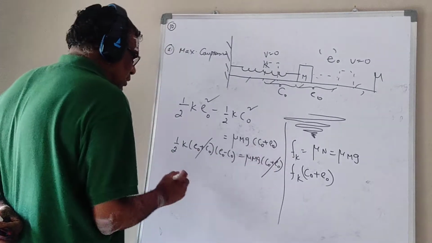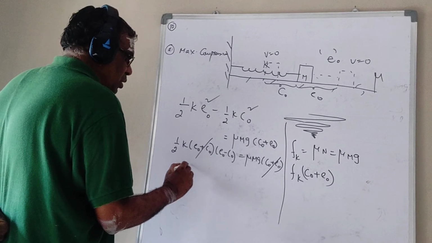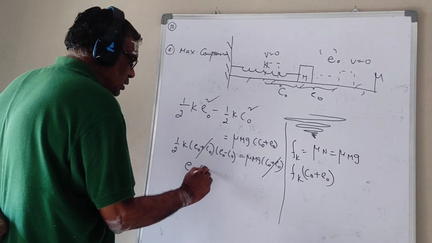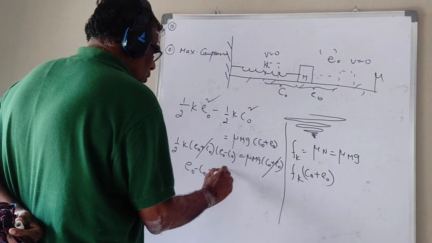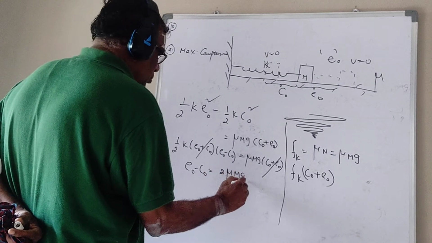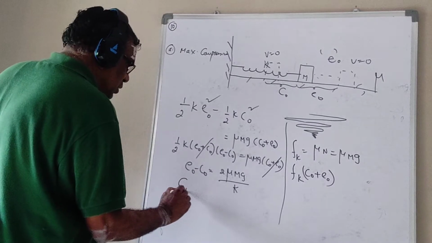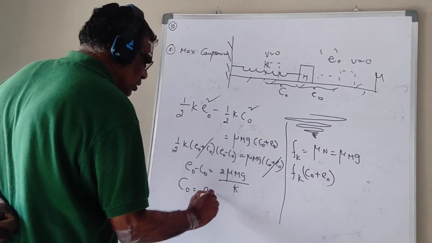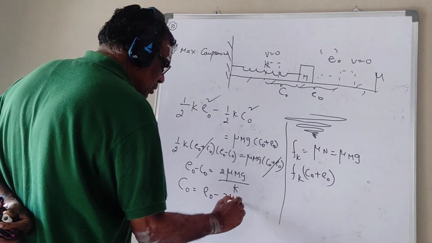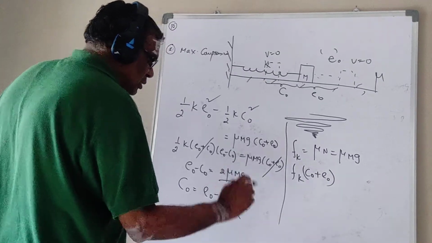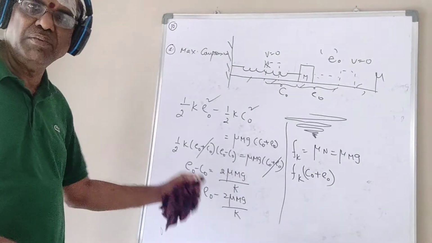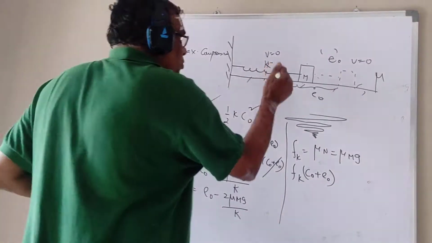This gets cancelled, so E naught minus C naught is equal to 2 mu mg by K. This is the maximum compression in the spring.